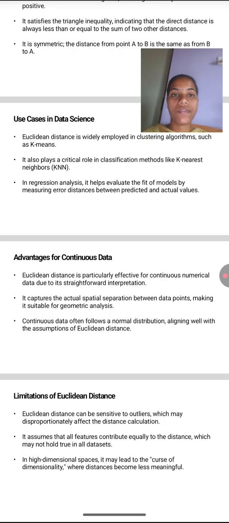The third one is that continuous data often follows a normal distribution, aligning well with the assumptions of Euclidean distance.